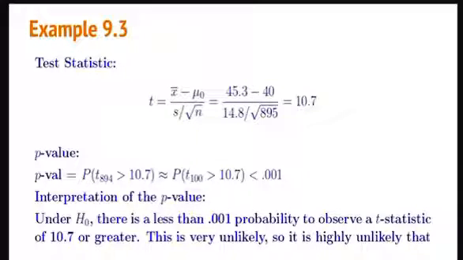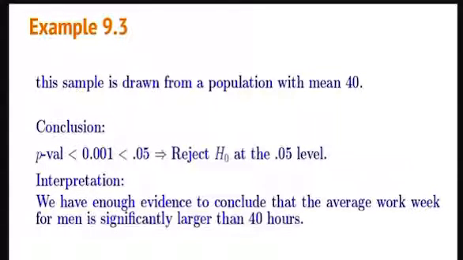That p-value is less than any reasonable level of significance, and that is why we reject H0. Rejecting H0 here means men actually work more than 40 hours. Does that make sense now? So that is the conclusion.